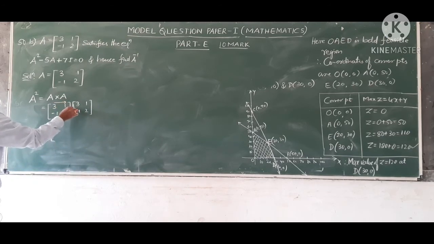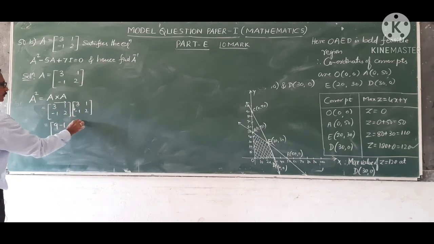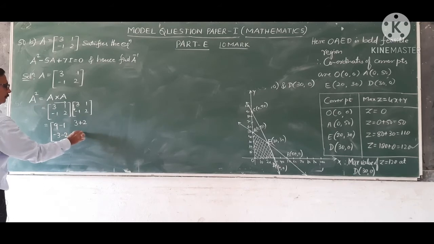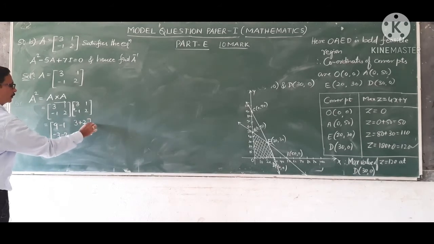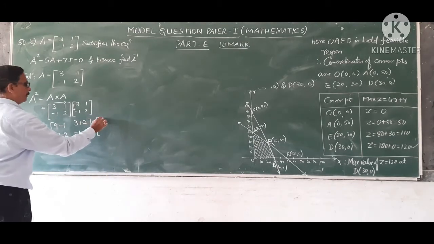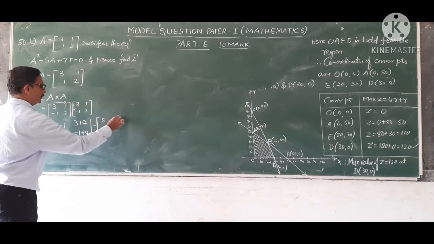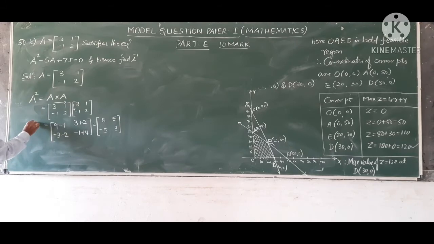Row by column. 3 into 3 is 9, 1 into minus 1 is minus 1, 3 into 1 is 3, 1 into 2 is plus 2. Second row by first column, minus 1 into 3 is minus 3, 2 into minus 1 is minus 2. Second row by second column, minus 1 into 1 is minus 1, 2 into 2 is 4. That is 9 minus 1 is 8, 3 plus 2 is 5, minus 5, 3.